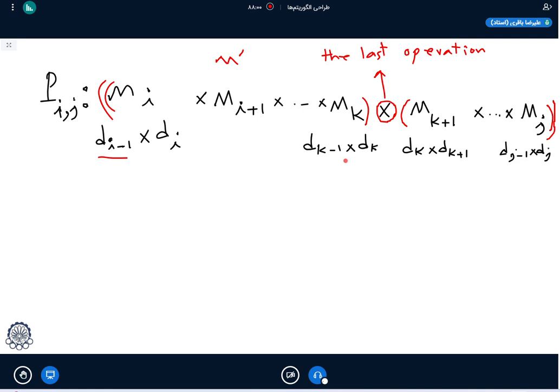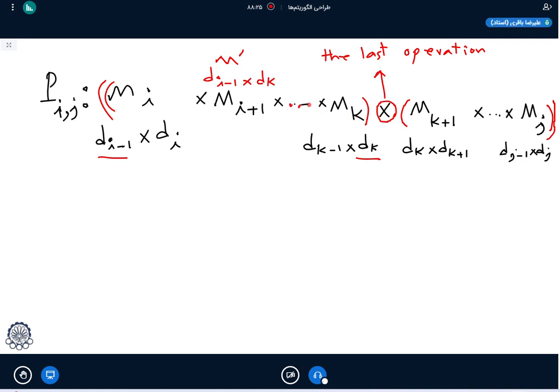So the result of the left side has dimension d_{i-1} and d_k. So M prime is a matrix with dimension d_{i-1} and d_k.